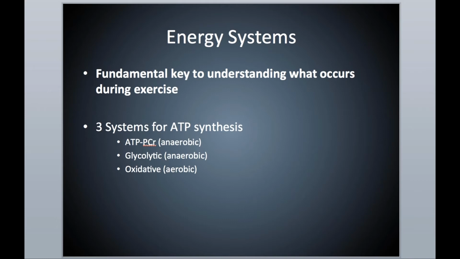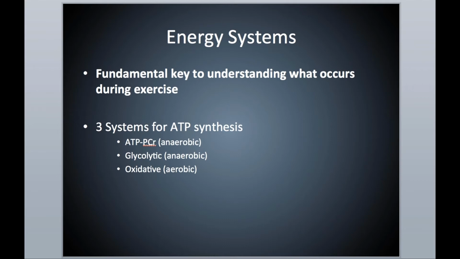The first two are going to be anaerobic. The first one is the ATP-PCR system. This is purely anaerobic, meaning that no oxygen is needed for these systems to run. The ATP-PCR system we'll get into shortly. It is also known as the phosphagen system. The second one is the glycolytic system.